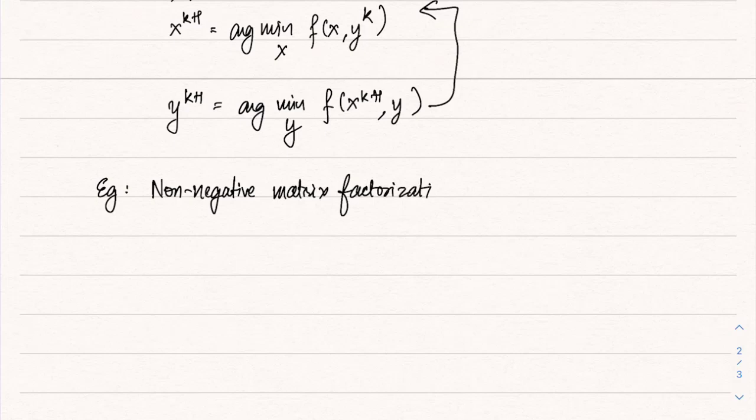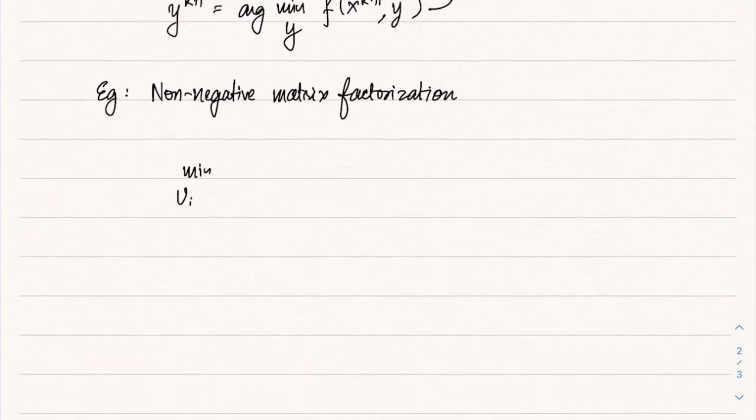Non-negative matrix factorization is the problem where we minimize with respect to U, whose entries are non-negative, and V, whose entries are also non-negative, the Frobenius norm squared of X minus U V transpose.